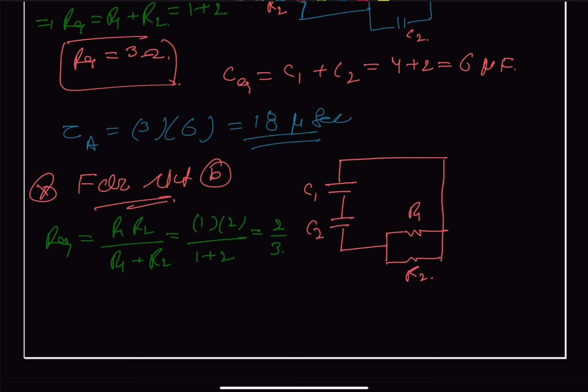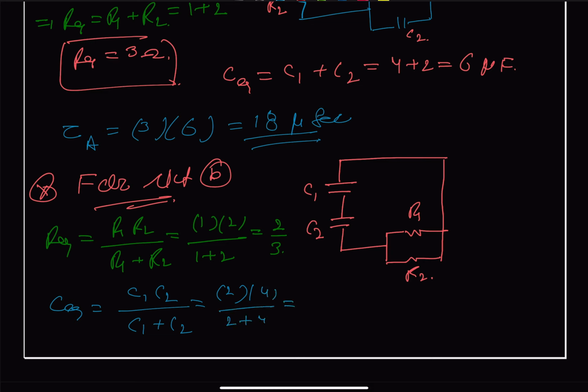And our C equivalent is in series, so it comes as C1 C2 over C1 plus C2, which is 2 times 4 over 2 plus 4.